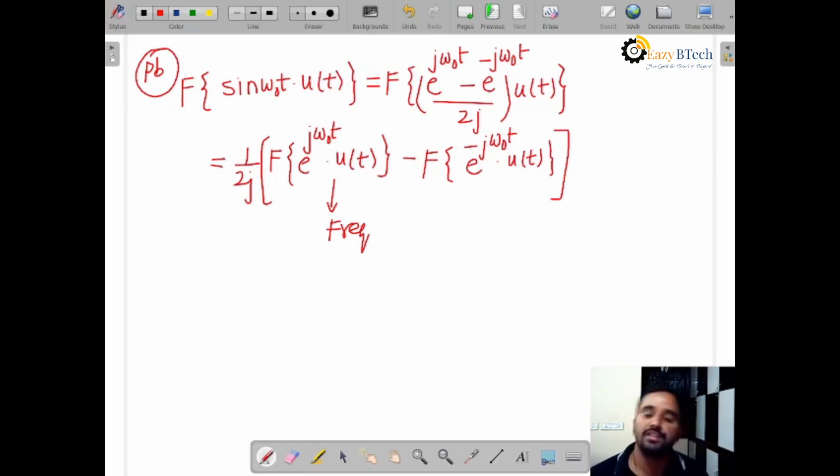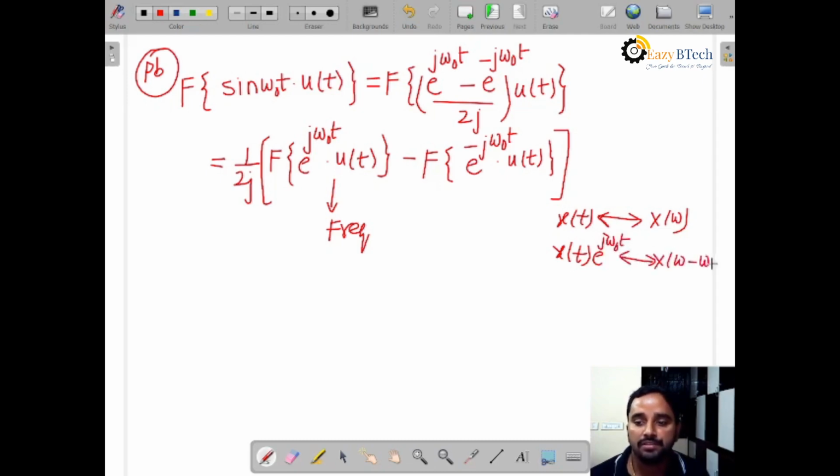The definition says: if the Fourier transform of x of t is X of omega, then x of t multiplied by e to the power j omega naught t gives X of omega minus omega naught, and x of t multiplied by e to the power minus j omega naught t gives X of omega plus omega naught. Right or not? This is the frequency shifting property.